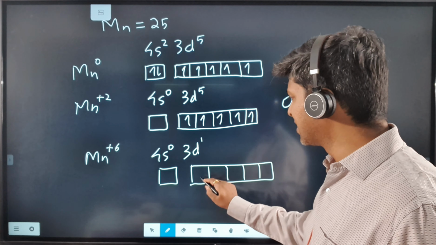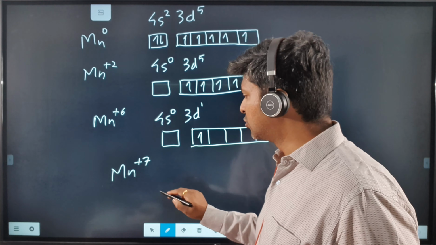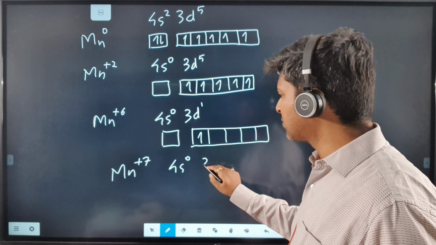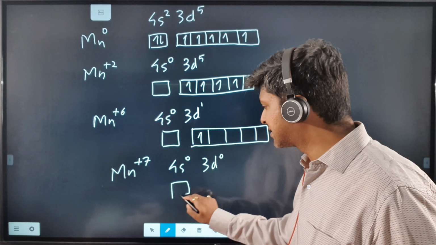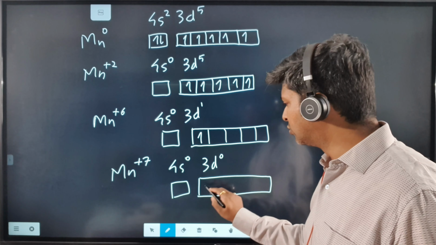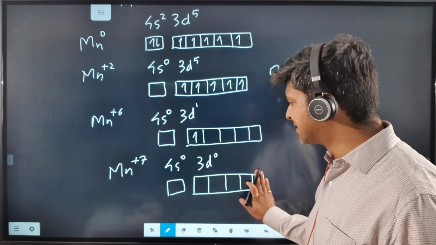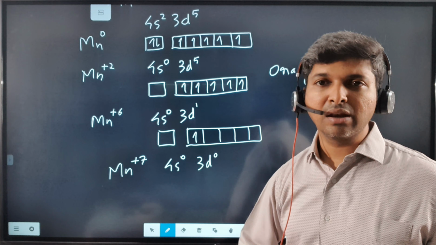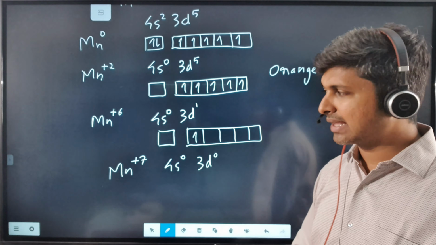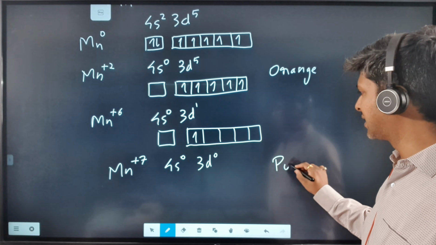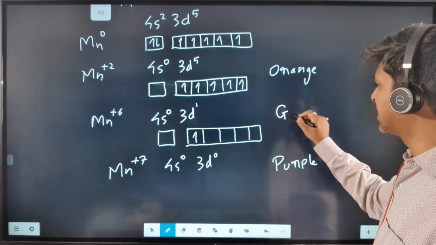In the case of manganese 7+, you must have guessed by now that it will have 0 electrons in the outermost shell. There will be no electrons in S, nor in D. These orbitals simply disappear because there are no electrons in them. So Mn7+ gives purple color, and Mn6+ gives green color.